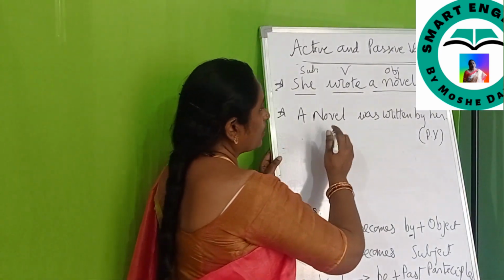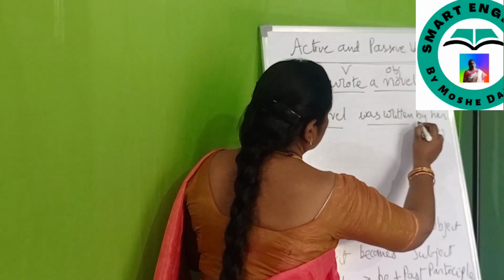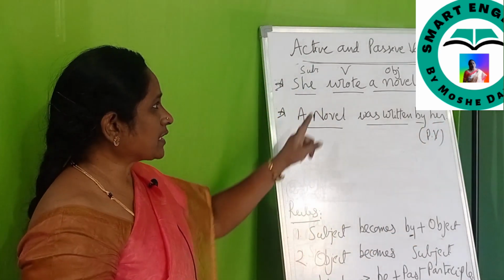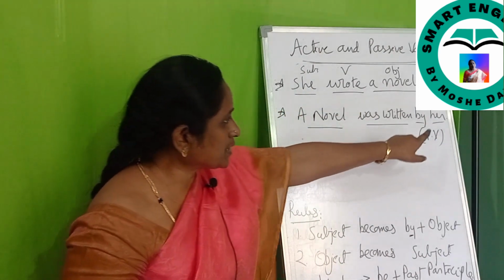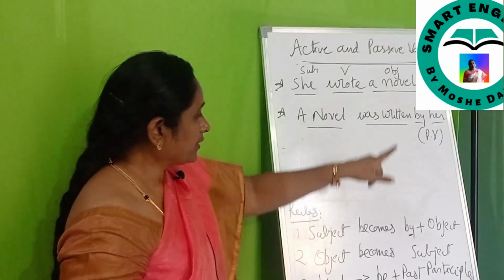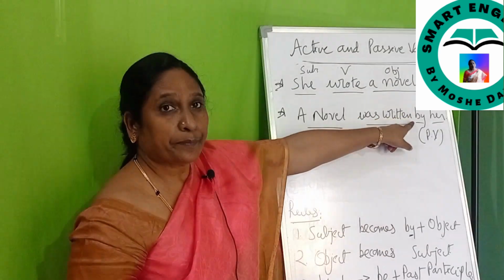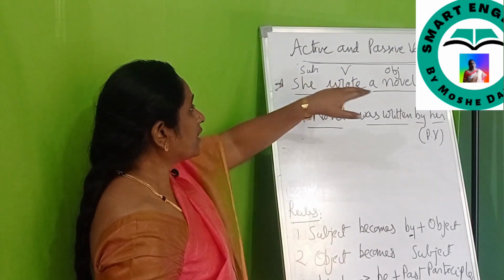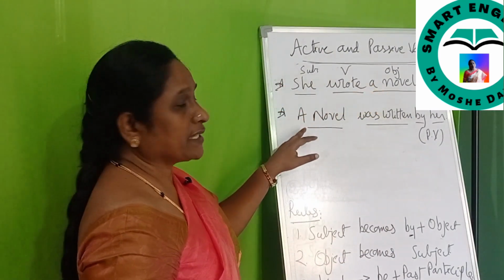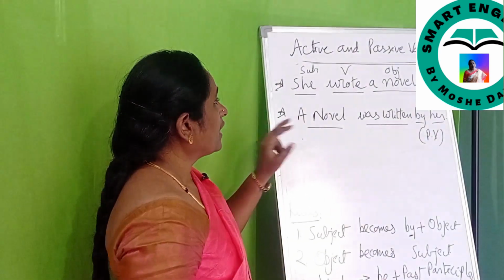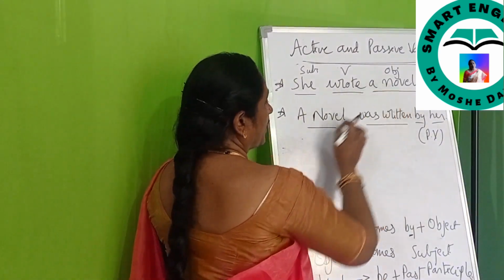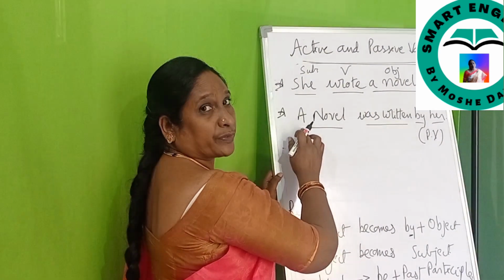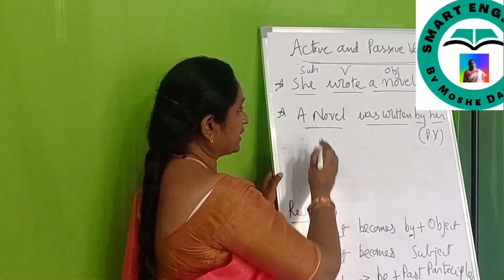So here, a novel was written by her. Subject becomes by plus object, and the object becomes the subject. Here the object is a novel, and it came at the place of the subject.